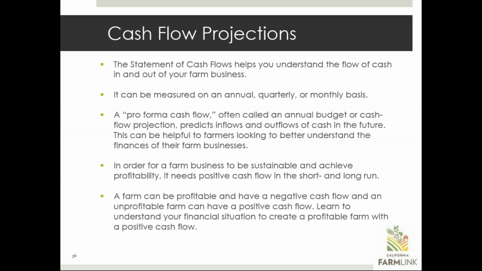So the pro forma cash flow is basically the format to project out cash flow. Usually covers a year, and we'll look at one in a couple of slides ahead.